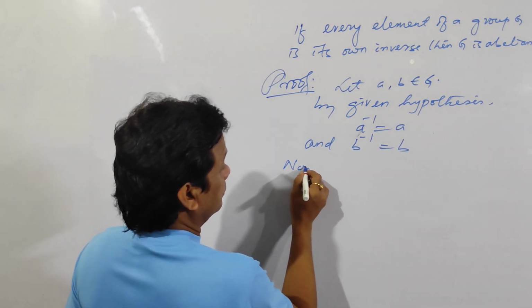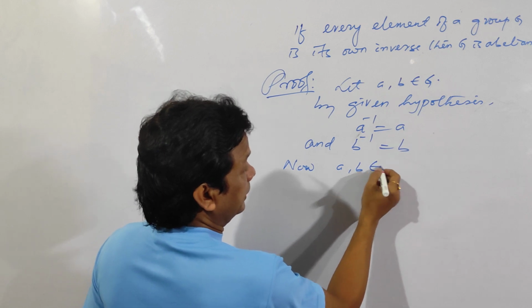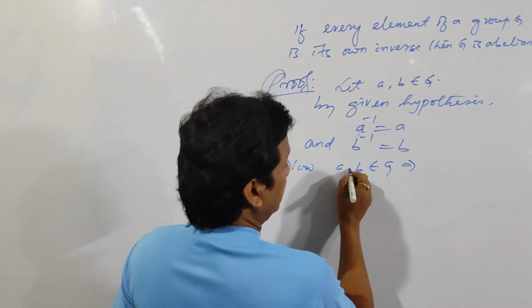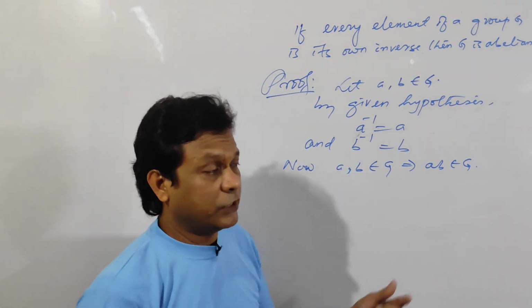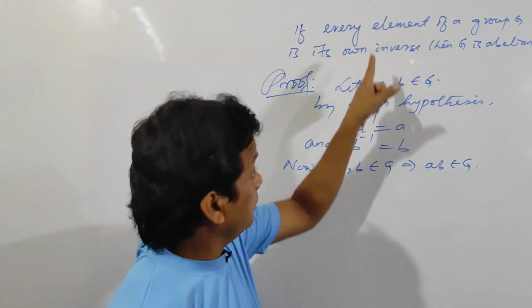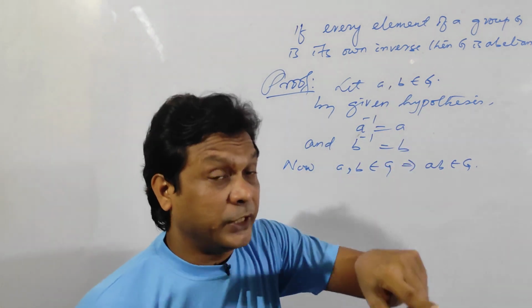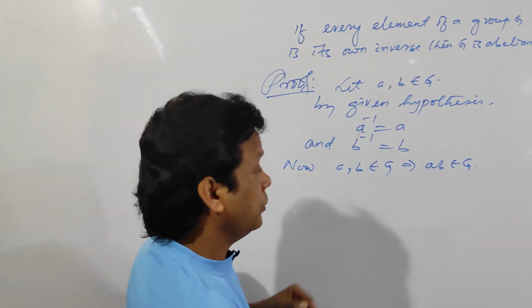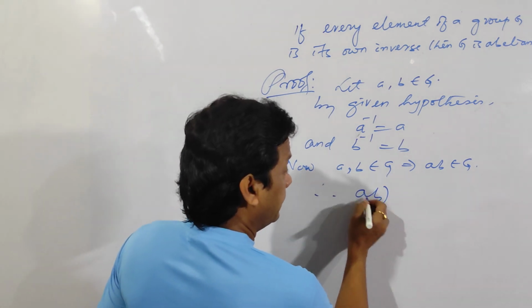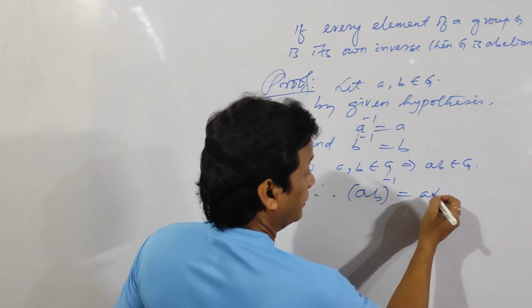Now A, B belong to G, so it implies by the closure axiom that A into B belongs to G. But if X is an element of G, then X inverse is equal to X. Now AB is an element of G, so the inverse of AB must be equal to AB.